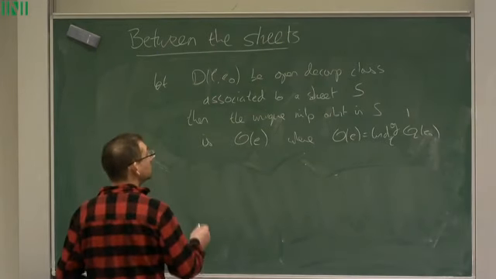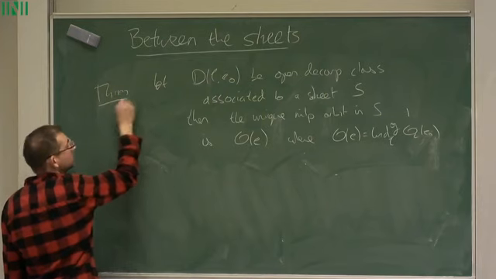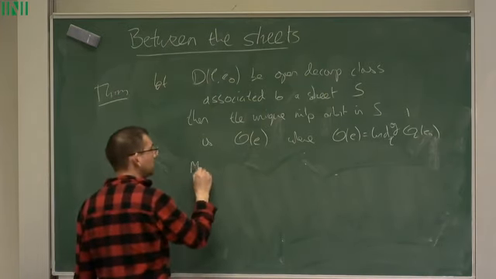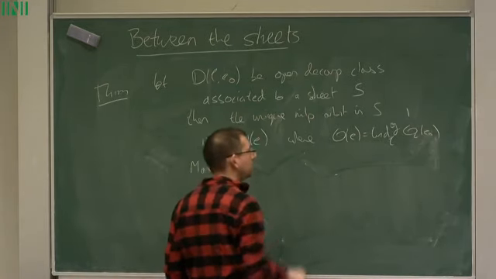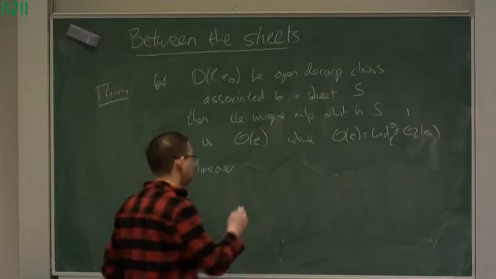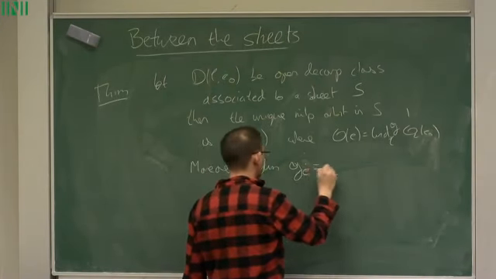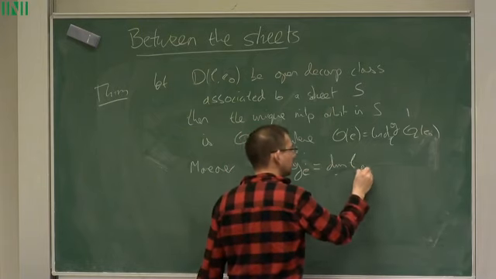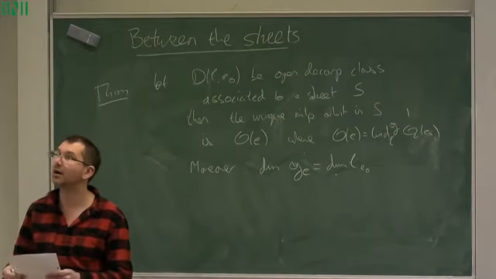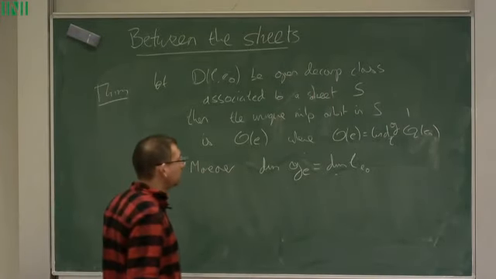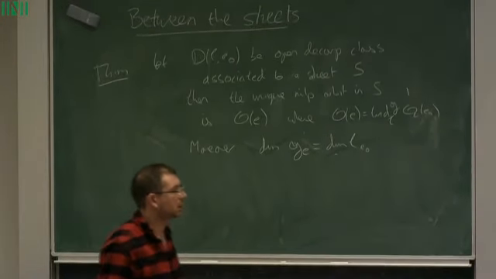And moreover, I suppose this is a theorem at some point, we can even say something about the dimension of the centralizer: the dimension of the centralizer of E is equal to the dimension of the centralizer of E0 in L.